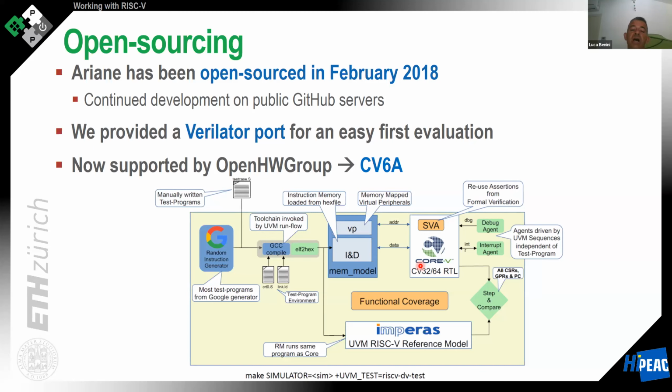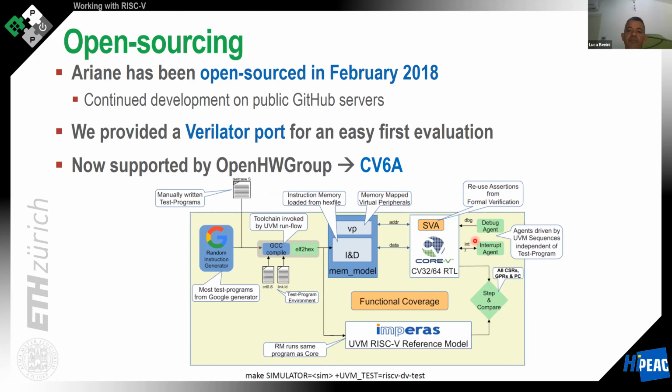So, for example, this plot shows how you can integrate Ariane as a device under test, shown here, into a complex verification environment that uses, as you can see on the bottom, a commercial golden reference by Imperas and UVM reference model of the core for the verification, uses a Google-based random instruction generator for random test-based verification of the core, and also the possibility to integrate various types of memory models, cache hierarchy, and so on with the inner core, and have a complete verification environment that could be run on Amazon Cloud.